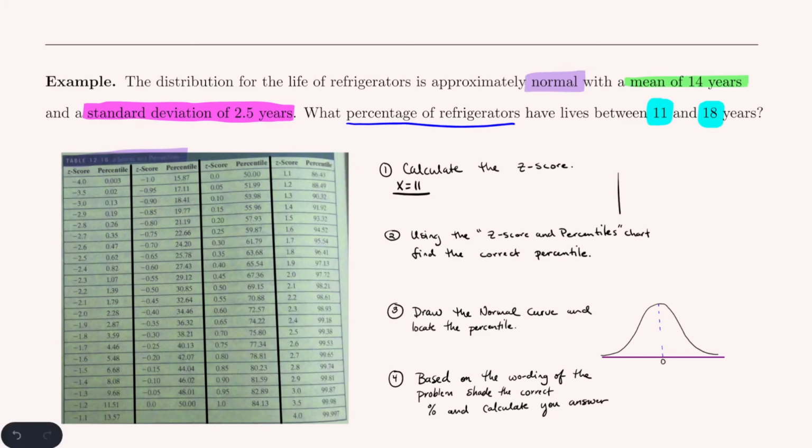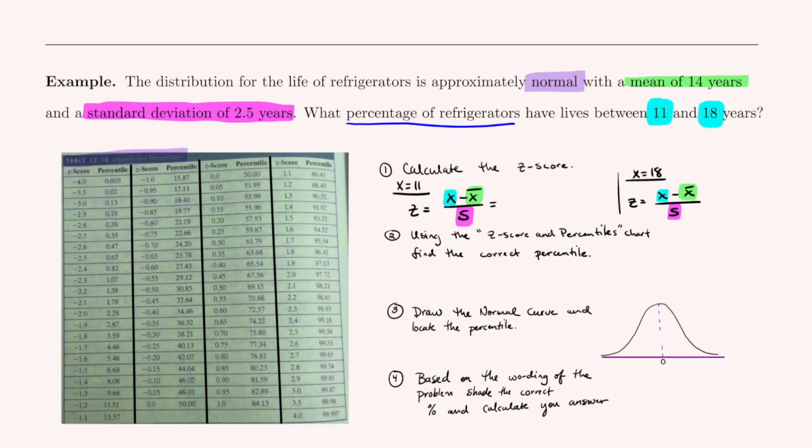For the data value x equals 11, we'll calculate the z-score, keeping in mind the formula data value minus mean divided by standard deviation. And then again for the data value 18, we'll calculate the z-score using the formula data value minus mean over standard deviation. Let's do the first one together, and then I'll let you attempt the next one on your own.